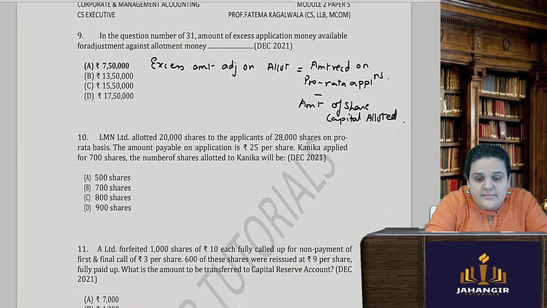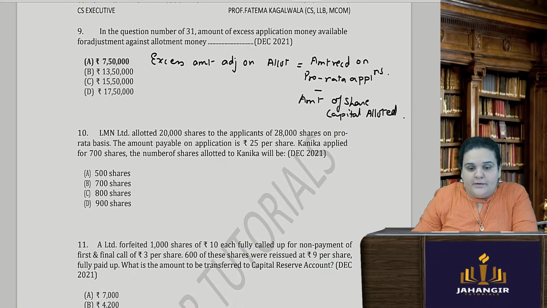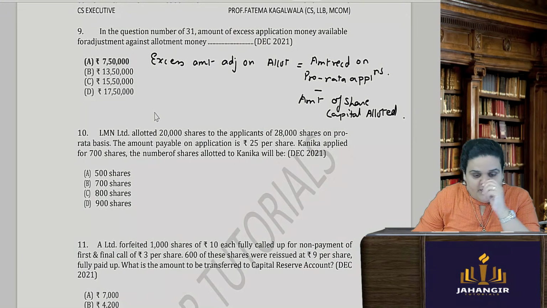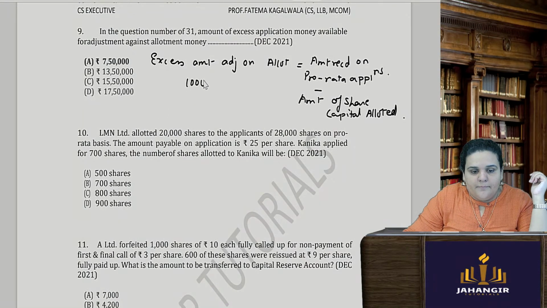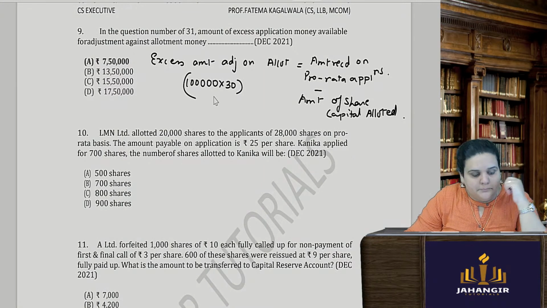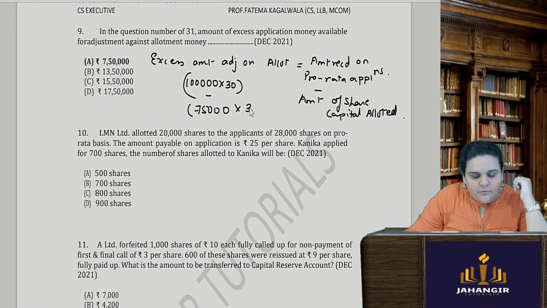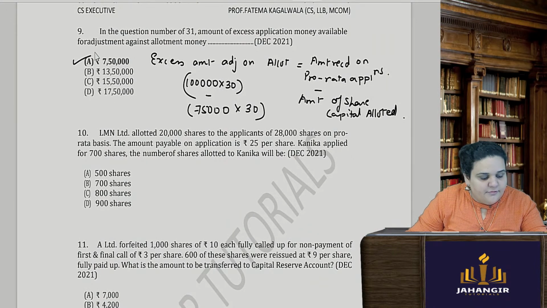Okay, these are the easy and quick ways to solve it. Pro rata I have done for 1 lakh shares into 30 rupees, minus I allotted them only 75,000 shares into 30 rupees. So amount in excess will be 25,000 into 30. That is going to be 7,50,000.